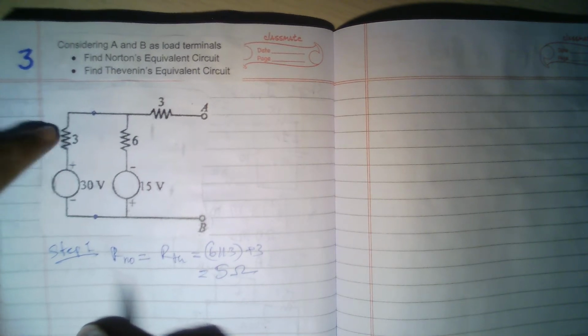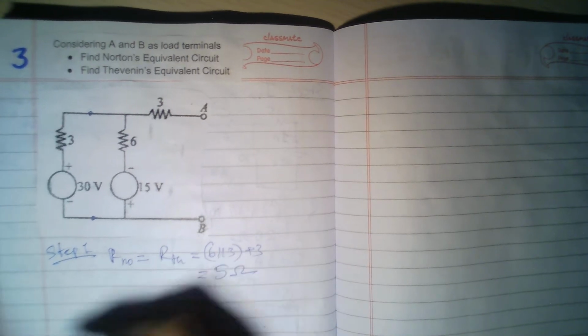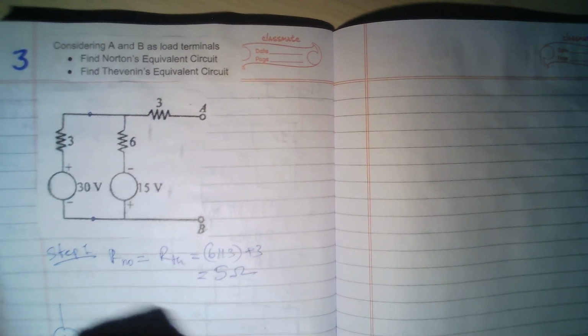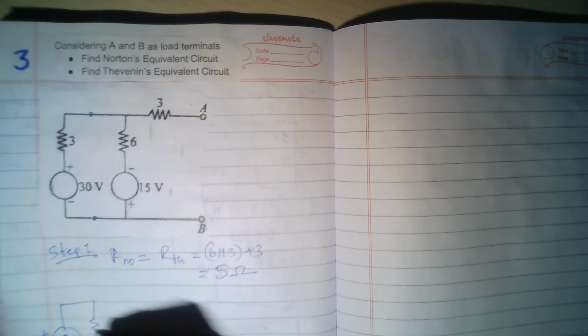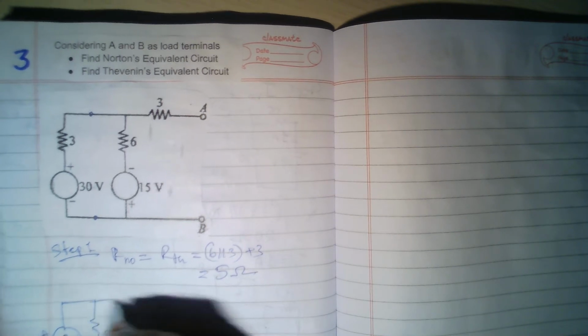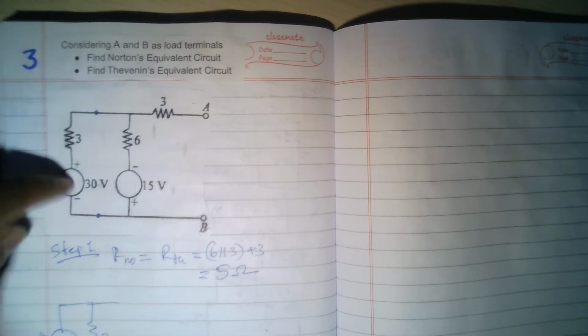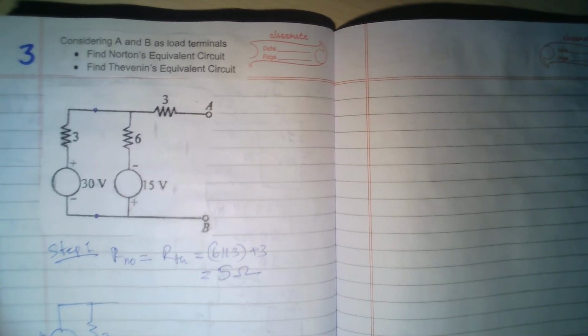It will be nothing but V by R, so 30 by 3 will be 10. So this left side part I can replace like this: 10 amperes in parallel with 3 ohms. So those 2 points X and Y can be replaced like this.